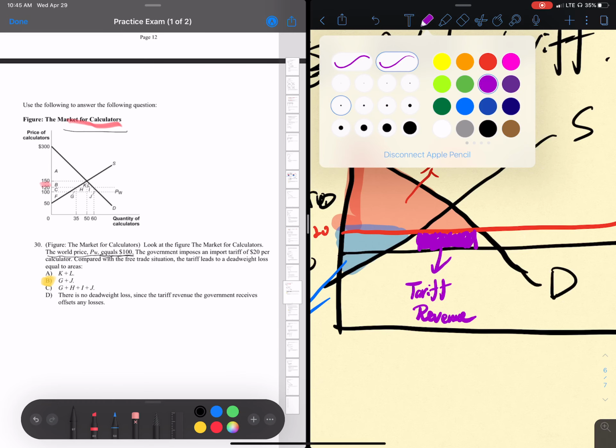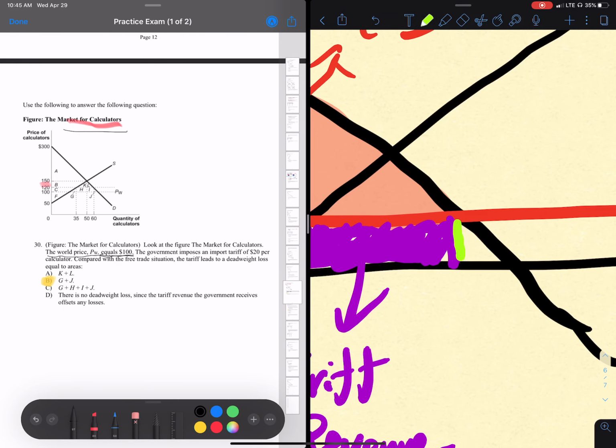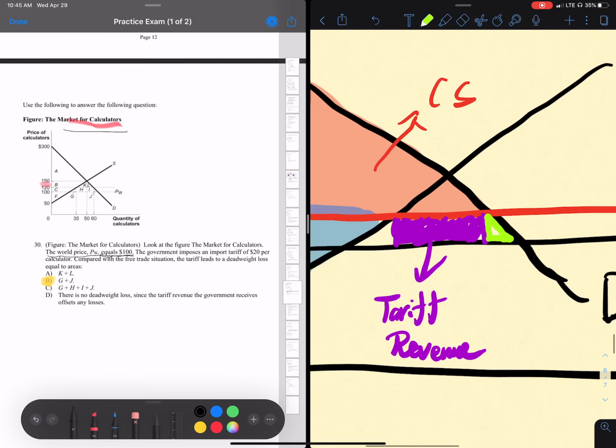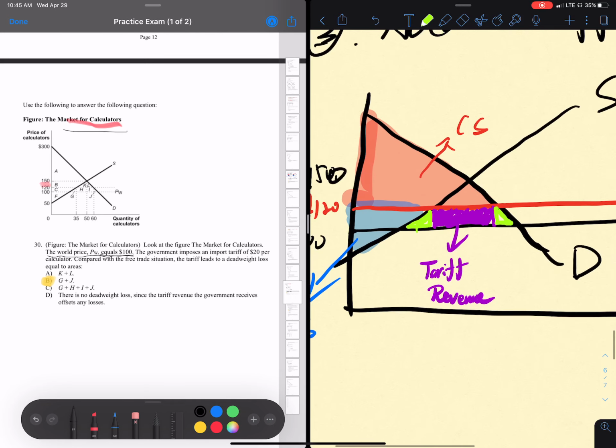And what about this little one and this little one? No one can really get it. So this part we call deadweight loss.